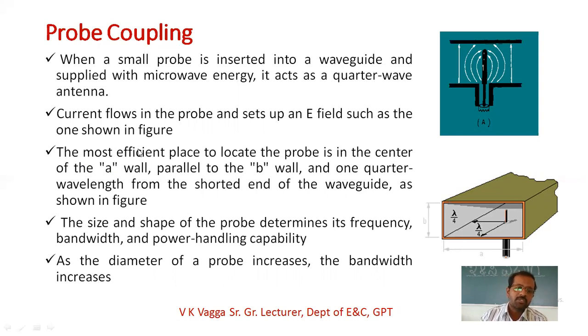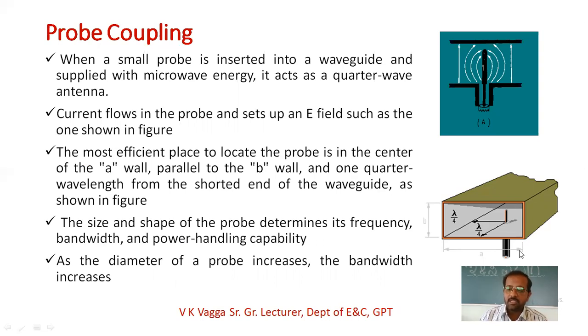Okay, so the most efficient place to locate the probe is the center of the A wall, which is parallel to the B wall, and it should be 1/4 wavelength from the short end of the waveguide. The size and the shape of the probe is going to determine its frequency, its bandwidth, and the power handling capacity.